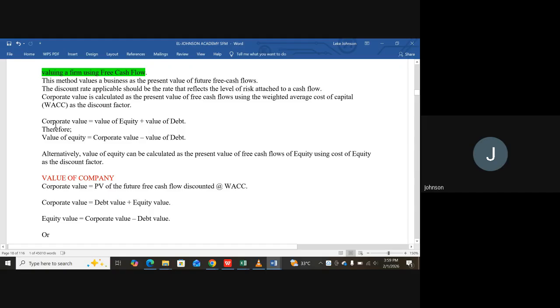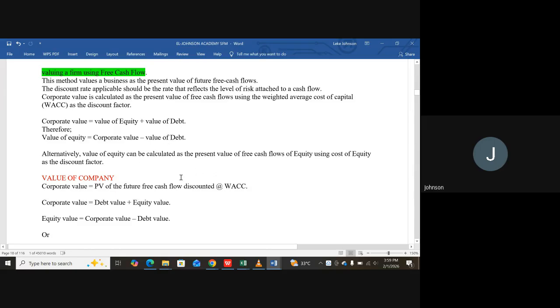That's how to get our corporate value, our value of equity plus value of debt, because when we are trying to get our corporate value, we are trying to get the value of the total company. And at that time we don't deduct our interest. We also don't repay the loan that we are owing these people. We don't show loan repayment.